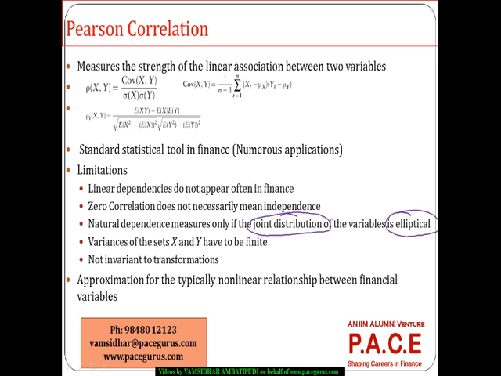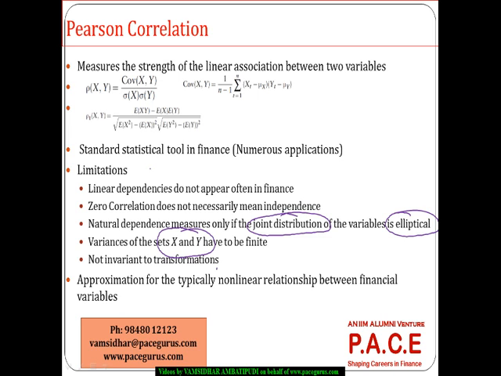Then it also assumes that the variances of the two sets x and y which I am taking need to be finite. But in some cases, there is a very decent possibility that the variances, especially for values which keep growing and growing and growing, need not be finite at all.